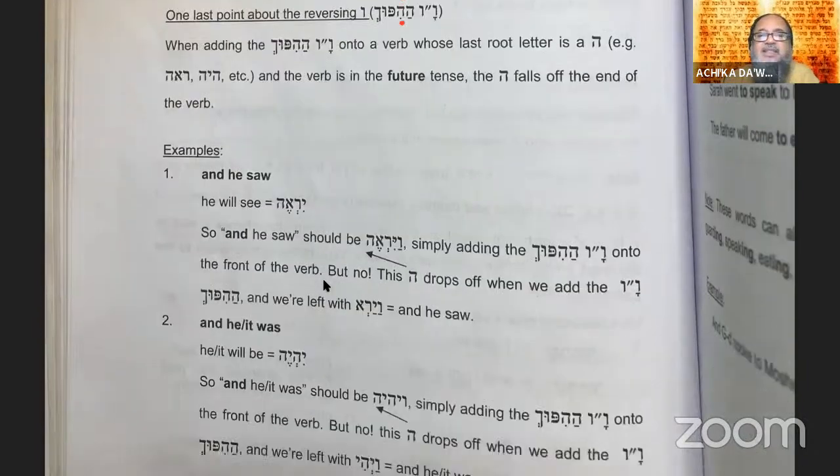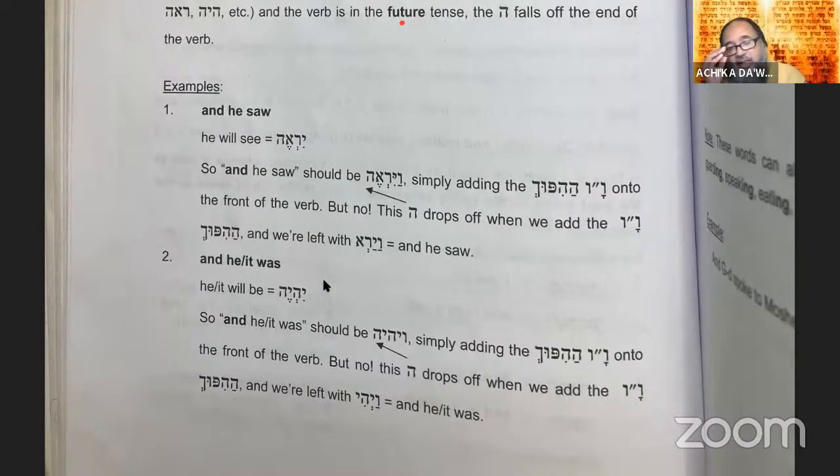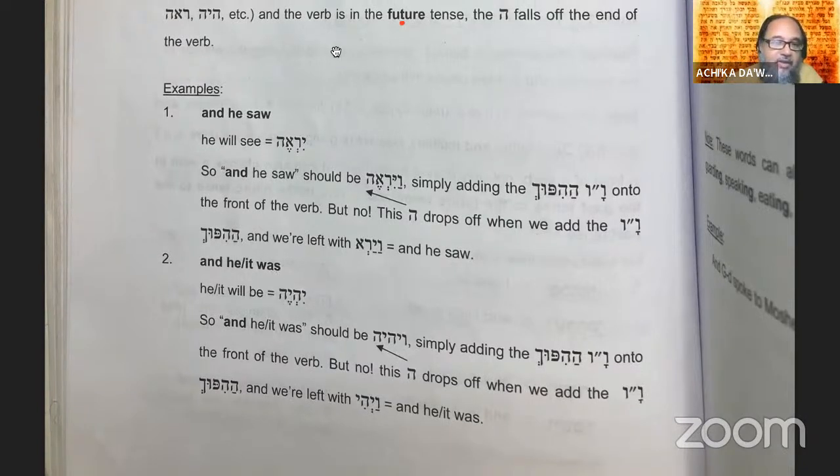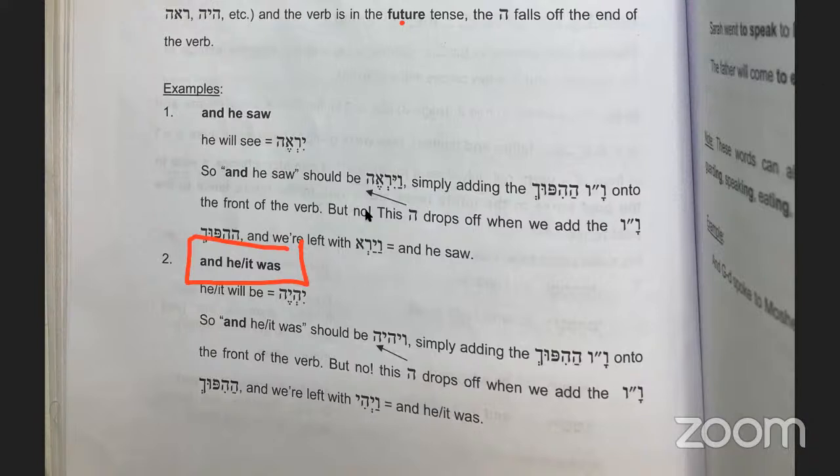Feel free to ask any questions. Here's the next example. If we have the word he or it, this word for he or it was, or he was, is that present tense or past tense? That's past tense.